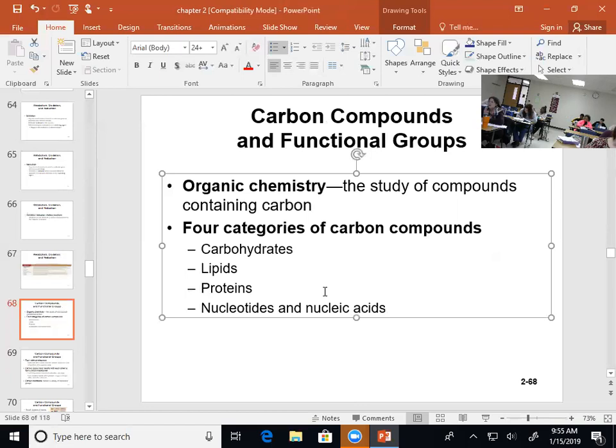A lot of these are made of carbon, oxygen, nitrogen, and hydrogen, plus other really important atoms as well. But these are our major categories. So we're going to take them one at a time and figure out some basics of them, mostly their functions.